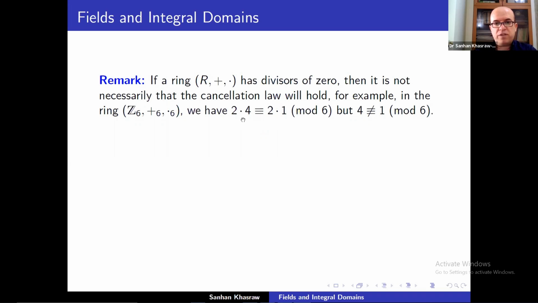On the left-hand side, 2 times 4 is equal to 8, but modulo 6 is equal to 2, which is equal to the right-hand side. But if we cancel 2 from both sides, we see that 4 is not congruent to 1 mod 6, because 4 minus 1 is not divisible by 6. So for rings with divisors of 0, the cancellation law might not hold.